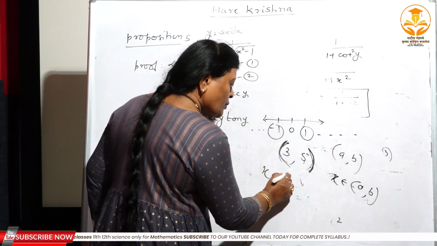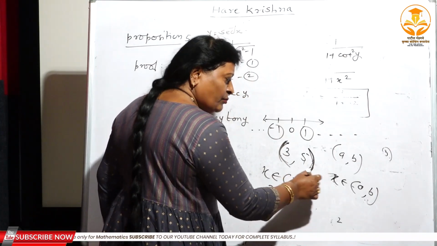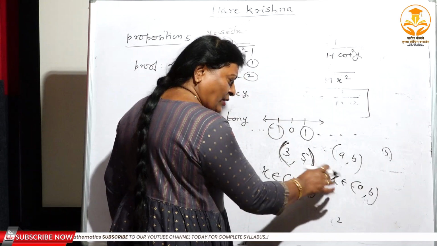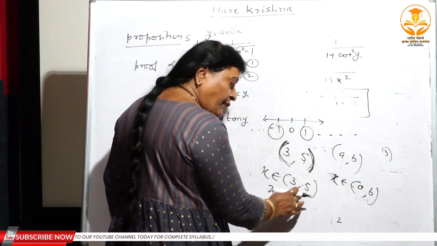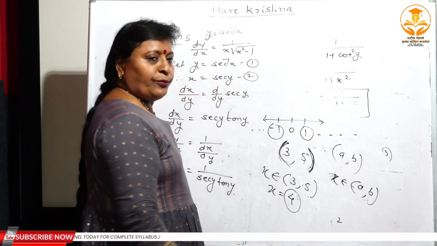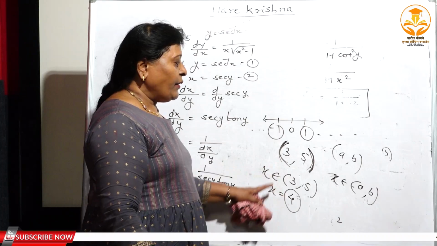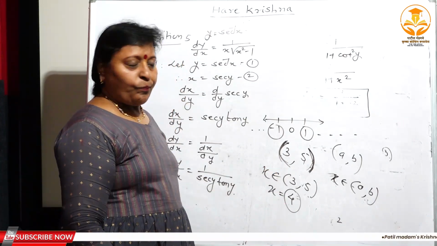Suppose x belongs to 3, 5, then x takes decimal values, the fractional values also, an infinite number of values. But if you consider the integer here, the value of x is equal to 4. So this is the open interval, and the open interval is useful for in between.